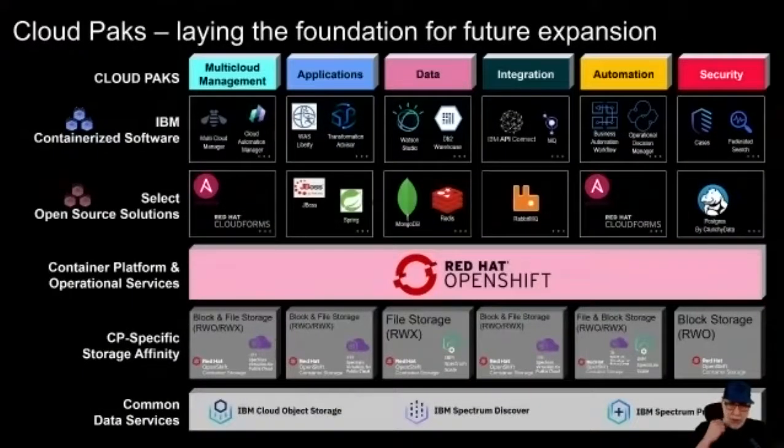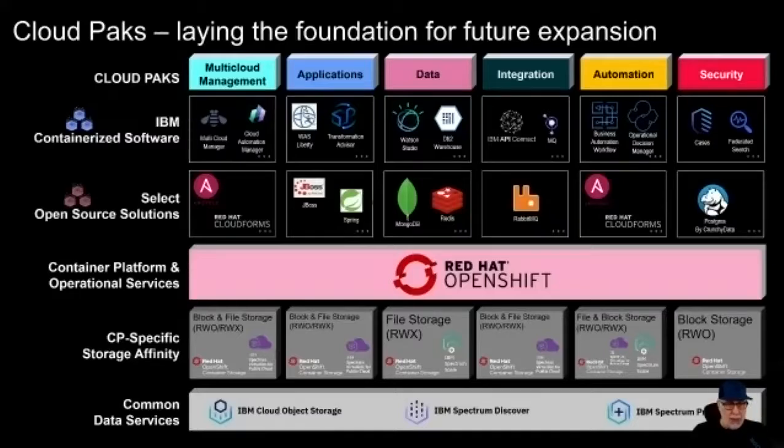No, so this is a very simplified view of what some of the elements are within each of the Cloud Paks, and it's not all inclusive. There are others. That's why the little ellipsis dots are in each square. So, for instance, in the MCM, the IBM components are the Multicloud Manager suite, which is the Watson-enabled, AI-enabled cloud automation manager as well.